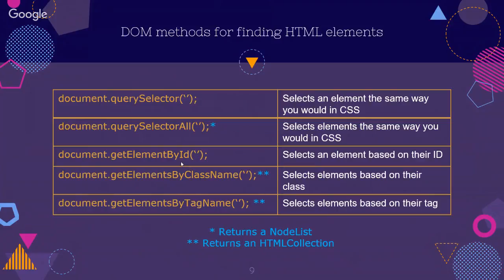The getElementsByClassName method selects all elements with the specified class. What we should always remember using this method is that it returns an HTML collection and not an array. So we should be careful because sometimes this can cause data type issues, which are not that easy to debug.